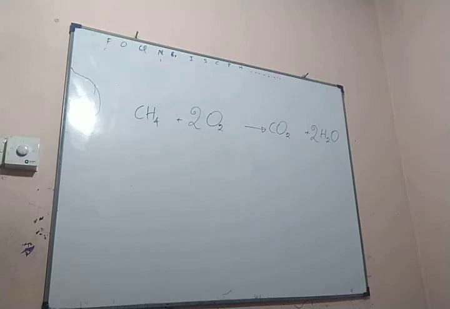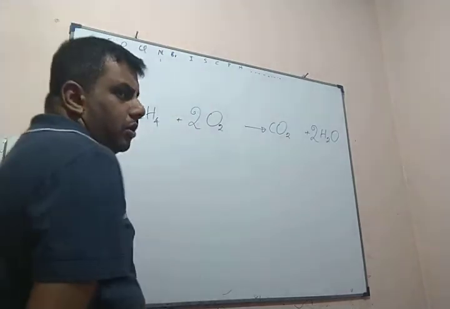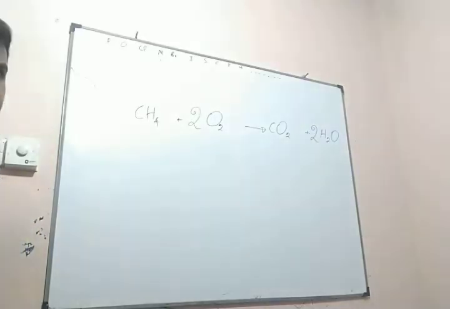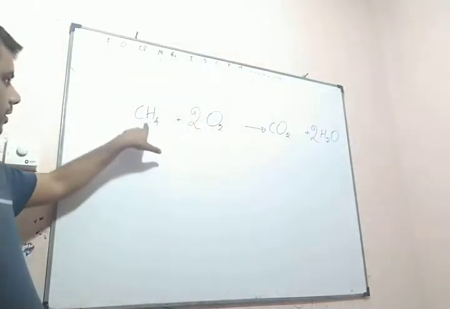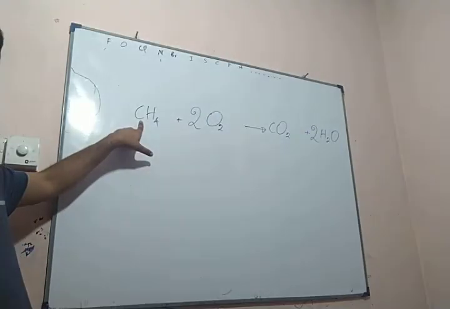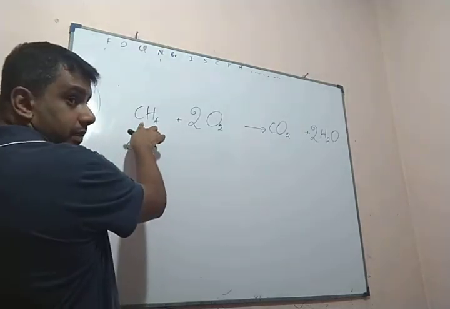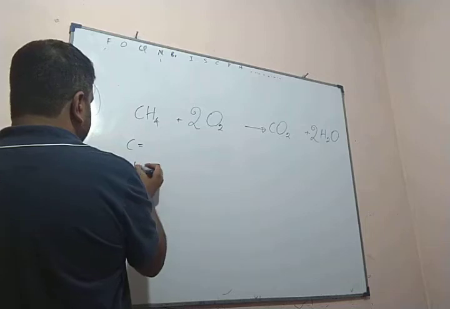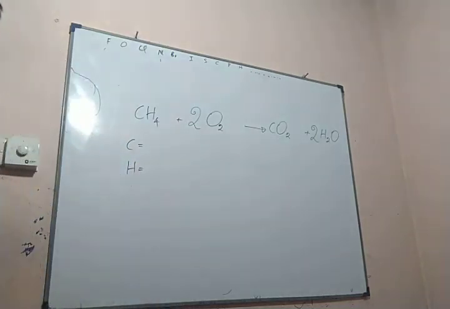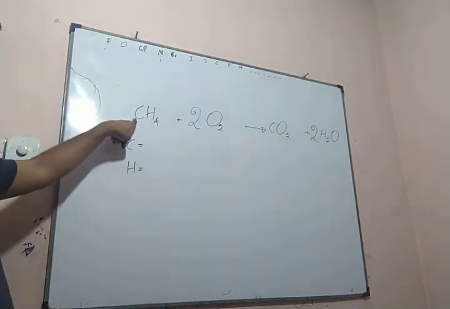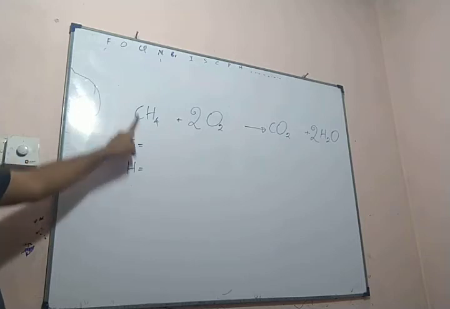And let's check the oxidation state of each and every element. First, the oxidation state of carbon. In CH4, what's the oxidation state of carbon and what's the oxidation state of hydrogen? Minus 4, oxidation state of carbon, minus 4.